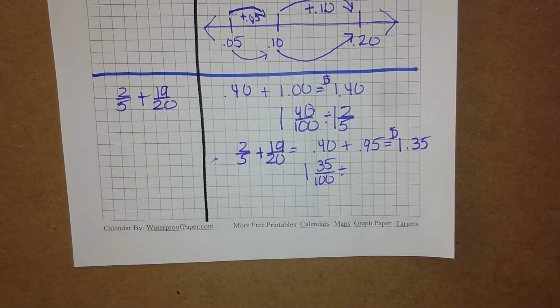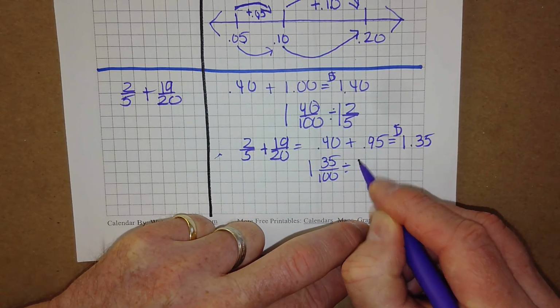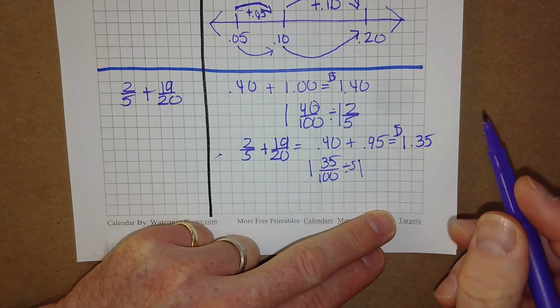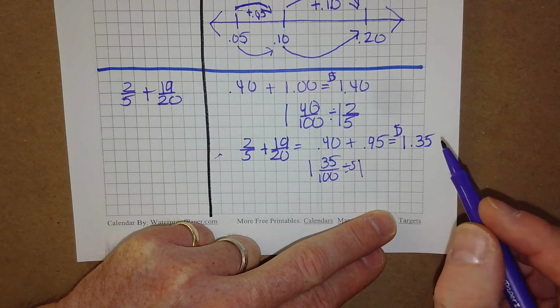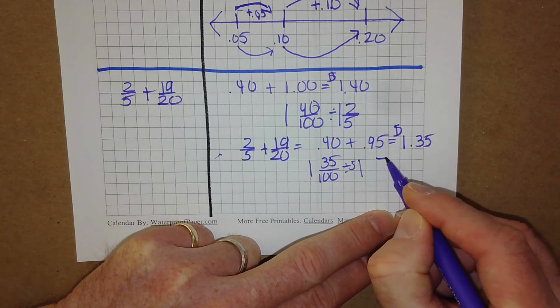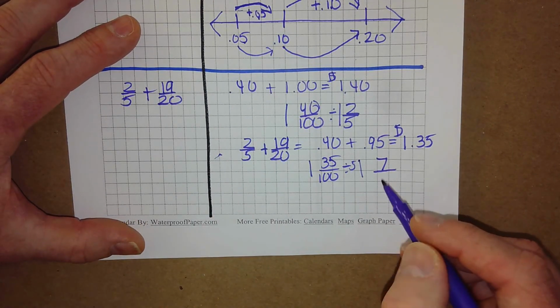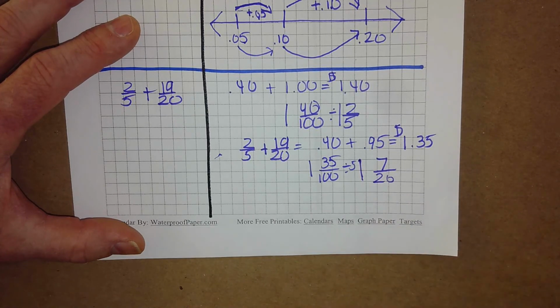It's not as big as we would like. 5. So 35 divided by 5 is 7, and 100 divided by 5 is 20. So 1 and 7/20.